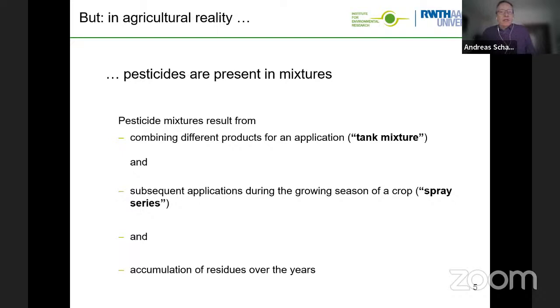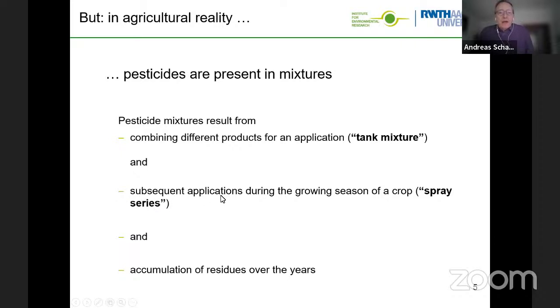Pesticide mixtures result from, first, combining different products for an application. So the farmer, depending on the infection pressure, mixes 2, 3, 4 products in so-called tank mixtures. Second, farmers not only once go to the field and apply these tank mixtures, but they do it several times.